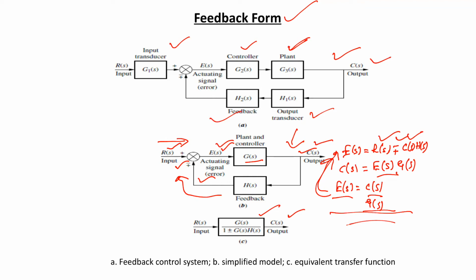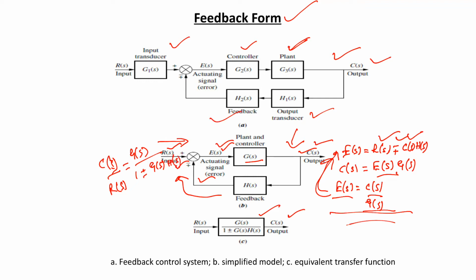So the transfer function C(s) by R(s), that is output by input, is given by G(s) divided by 1 plus minus G(s) H(s).